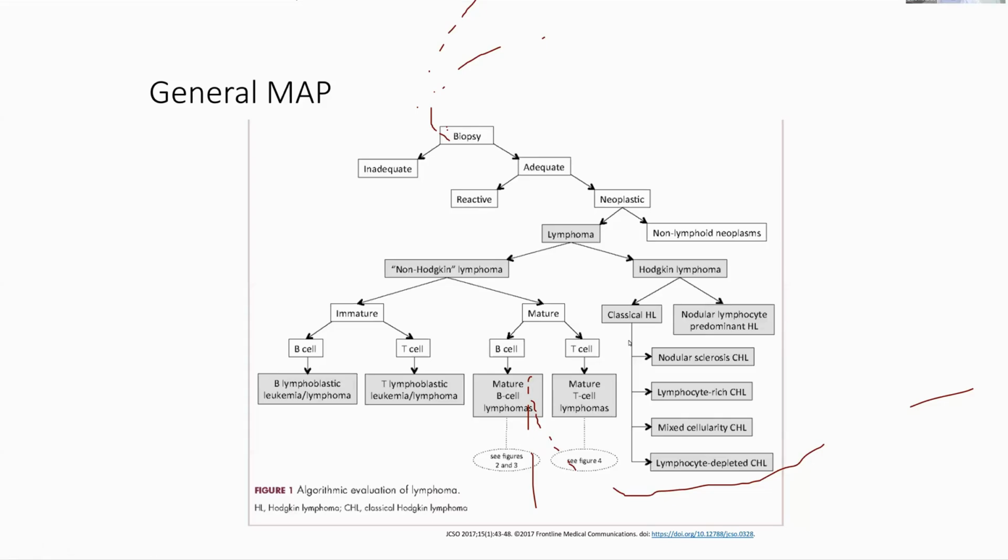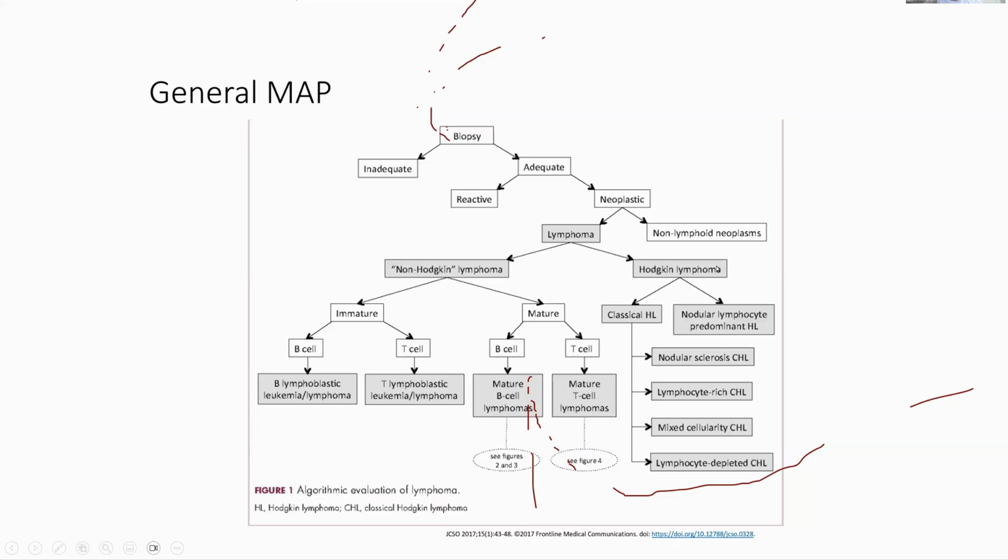So if you have a biopsy in the lab, you assess whether it's adequate or inadequate. If it's adequate, you see if it's neoplastic or reactive. If it's neoplastic, you will see if there is a non-hematolymphoid malignancy, like metastatic disease, or a lymphoma. And for lymphoma, the big umbrella is either Hodgkin or non-Hodgkin lymphoma.